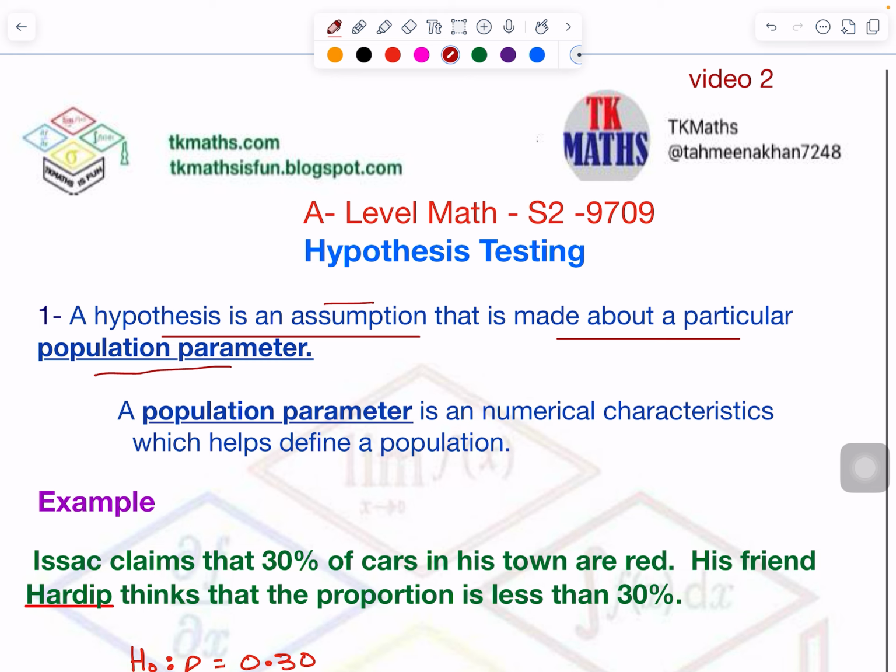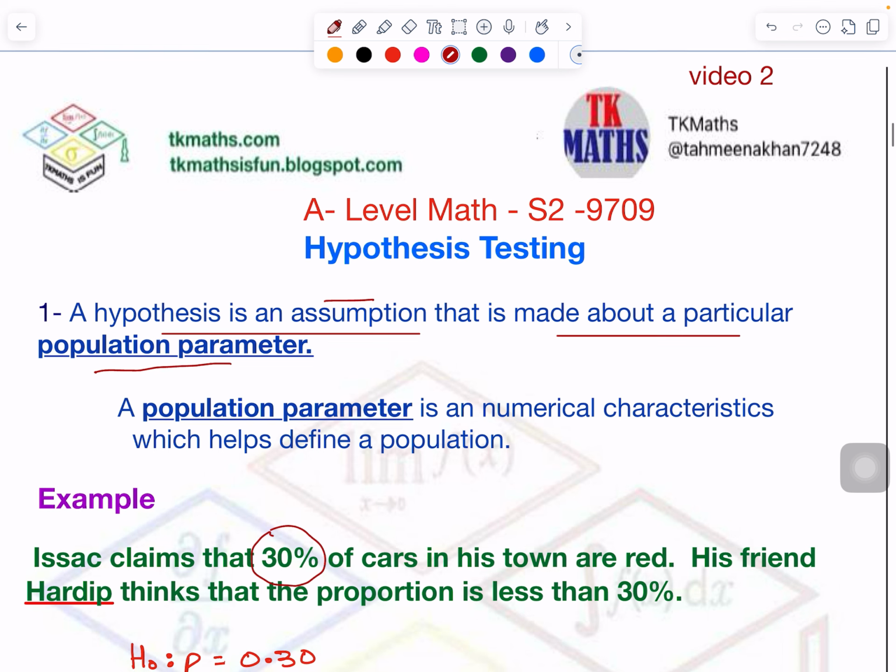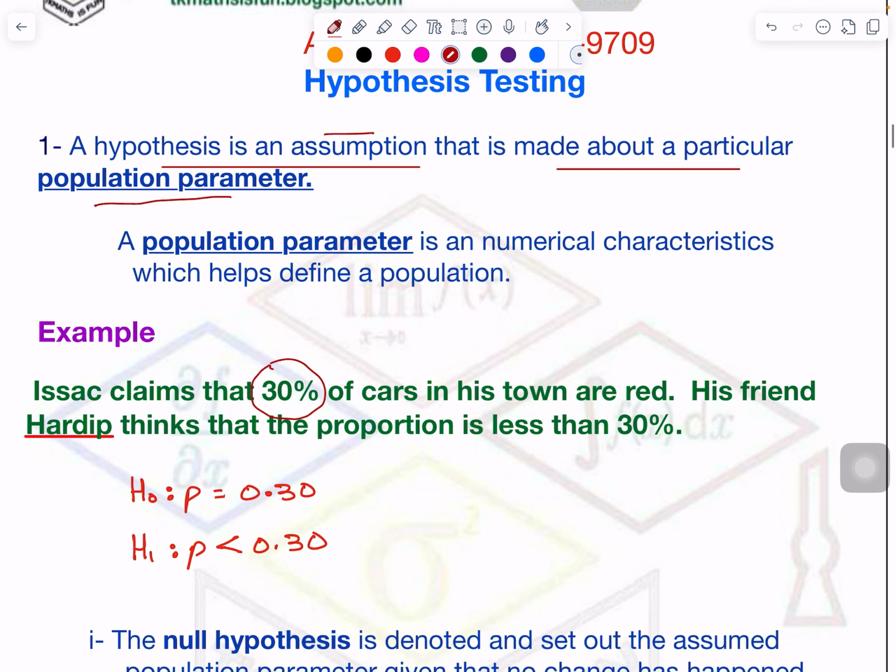This is the hypothesis. A population parameter is a numerical characteristic which helps to define the population. I have written it here also because some people are visual learners, some are good listeners, so I have written it for both.